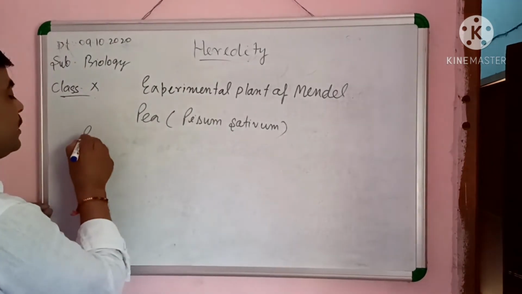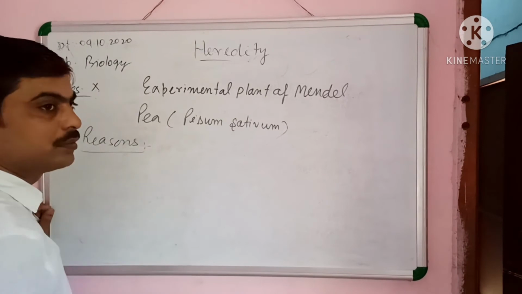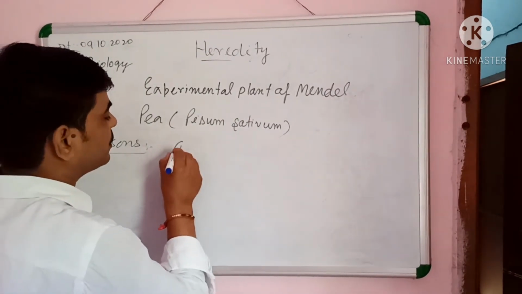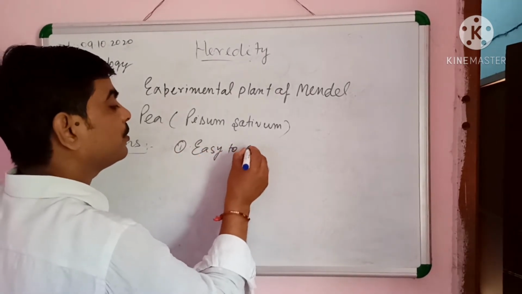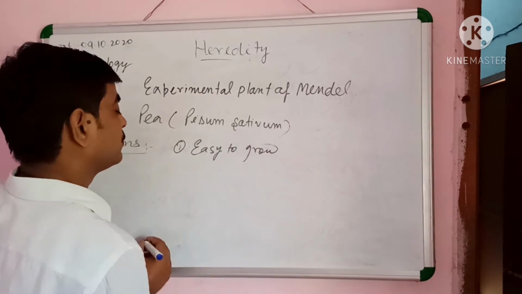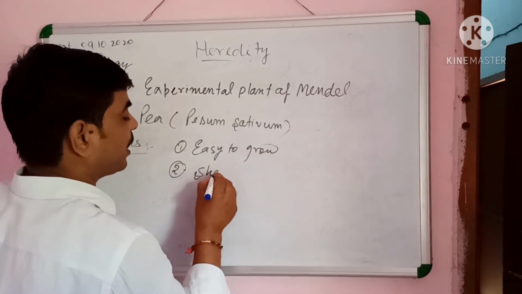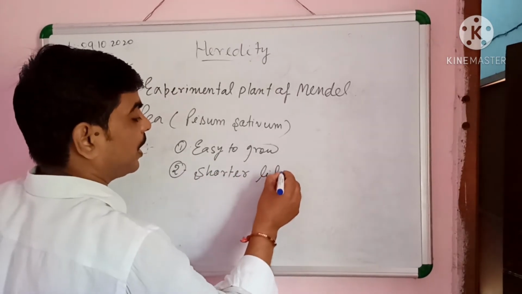Do you know why Mendel chose this plant? Mendel chose this plant because it is easy to grow. Second, it has a shorter life cycle.